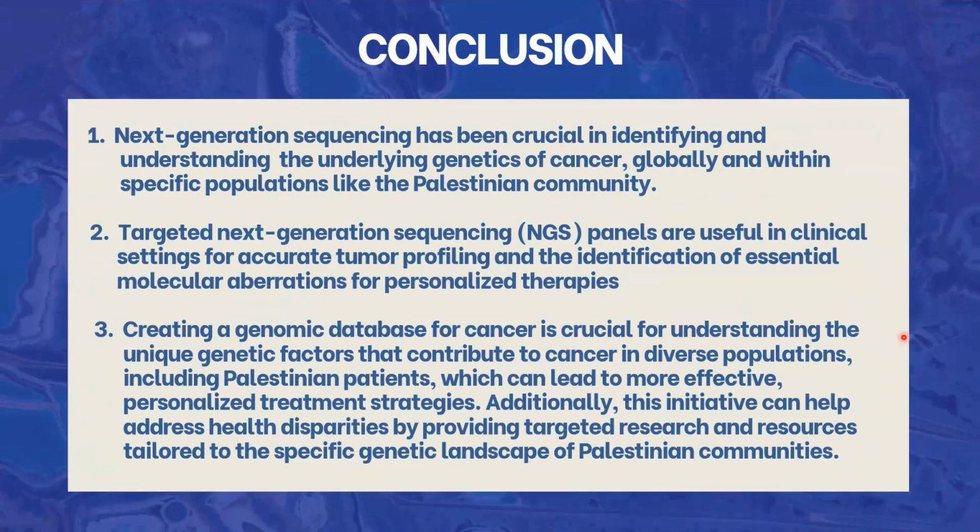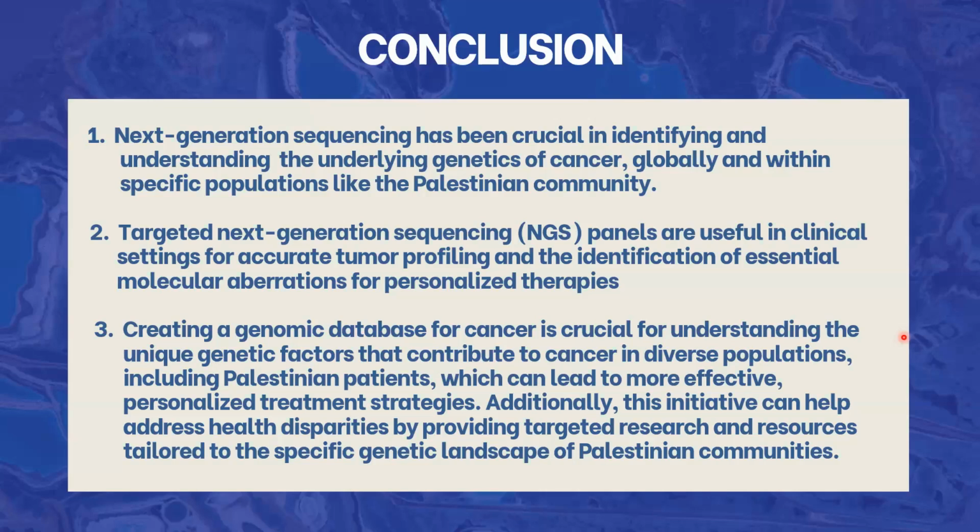covering this topic. This could be personalized for each and every community, for example, each country. Now, this is important because when we create a database, I can understand whether this is a true variant, or whether this is found in the Palestinian community as a normal mutation.